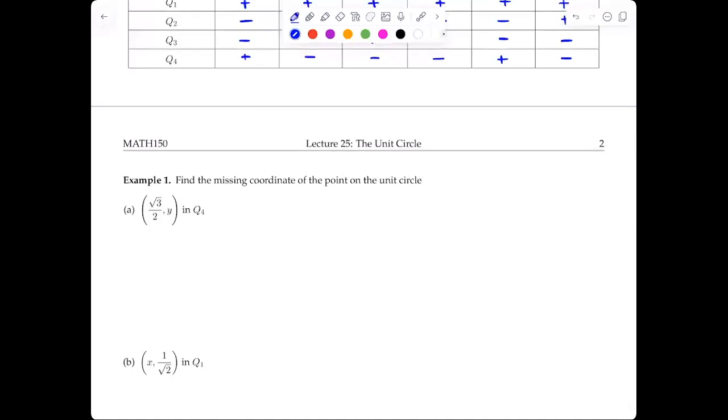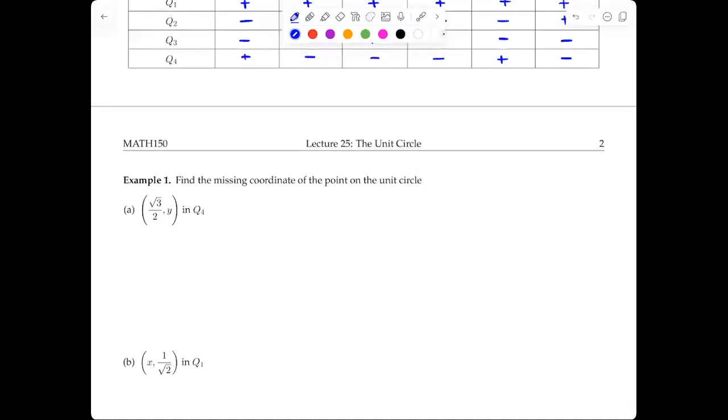It's very important to recognize the location of the point, on whatever quadrant is given to you, because you may have a different result depending on the point. So here, the first point is in quadrant 4. The first component is root 3 over 2, and the missing component is y.